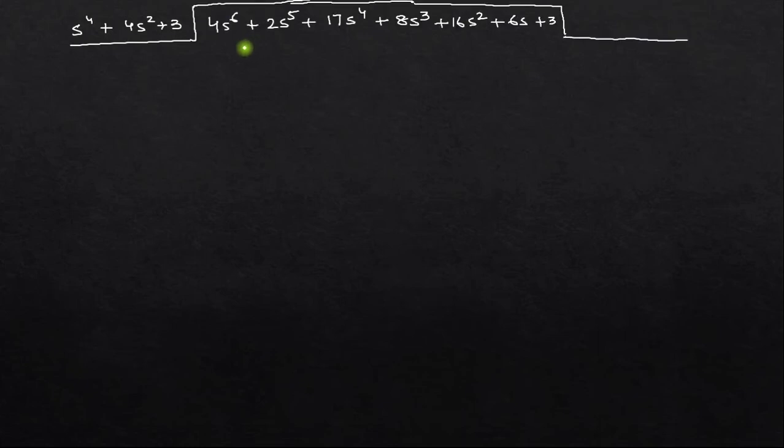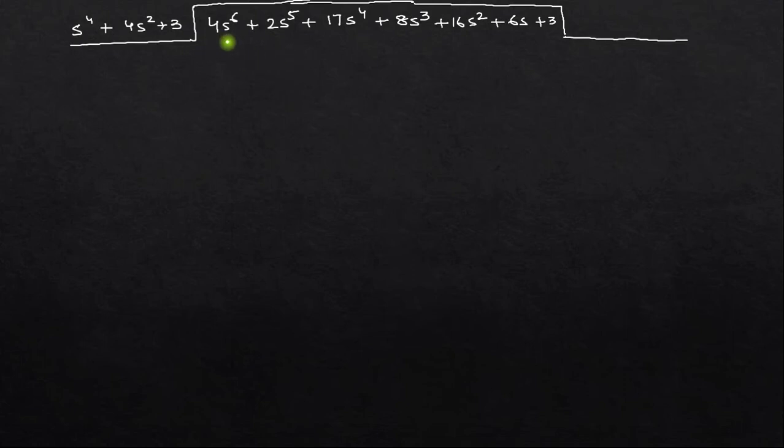Now we will be using S^4 + 4S^2 + 3 as divisor. So this is the given polynomial. Now we will perform the simple division of this given polynomial with the factor S^4 + 4S^2 + 3. I'm performing the simple division, not the continued fraction expansion.